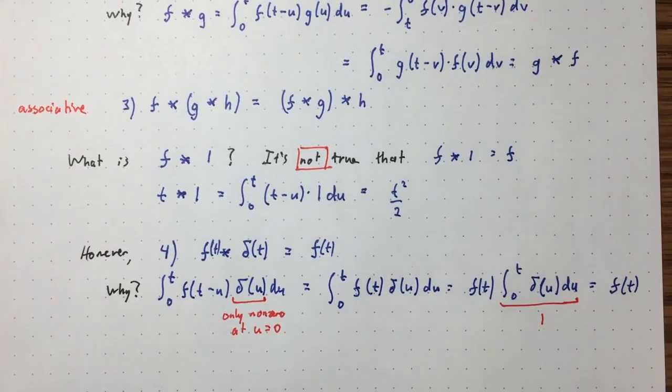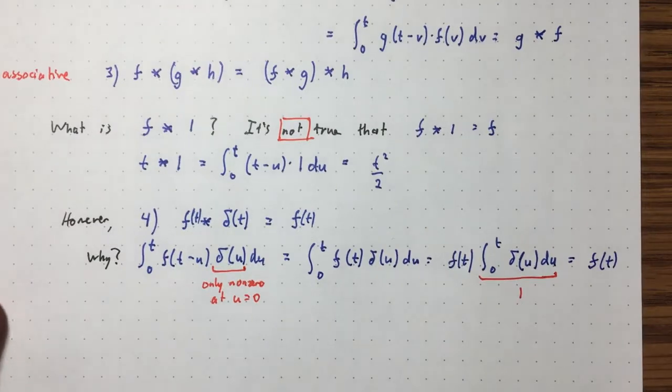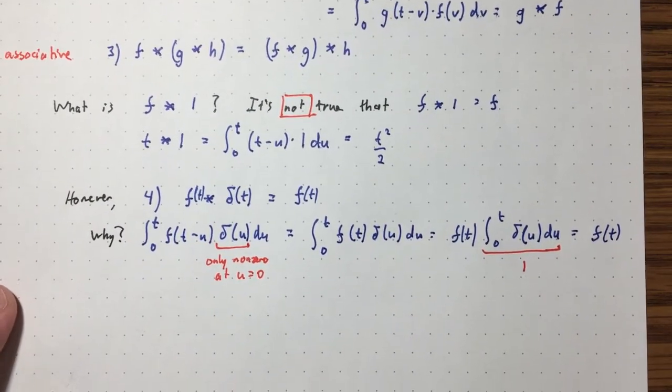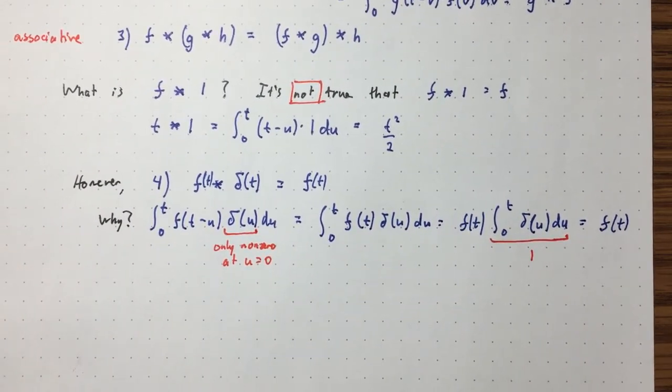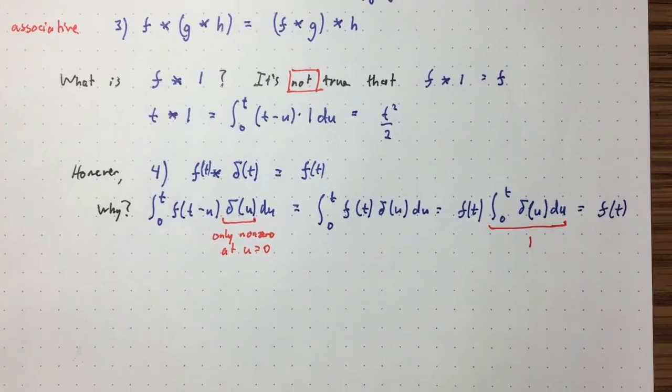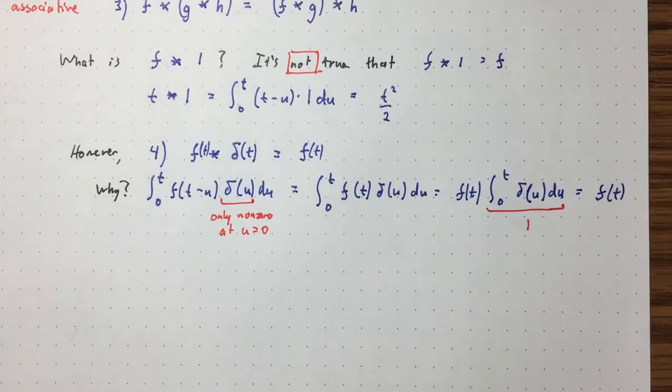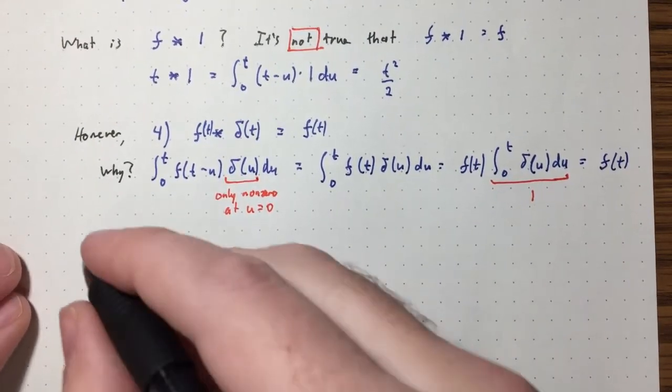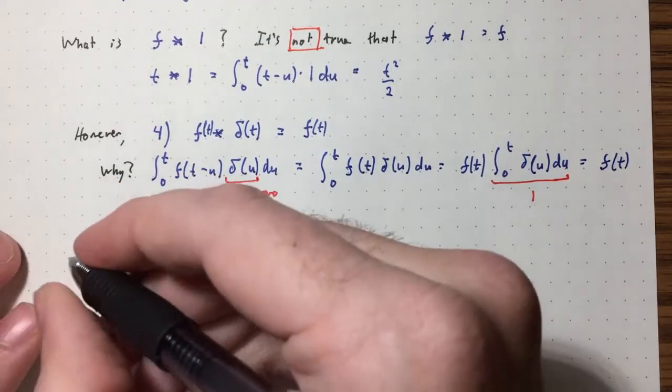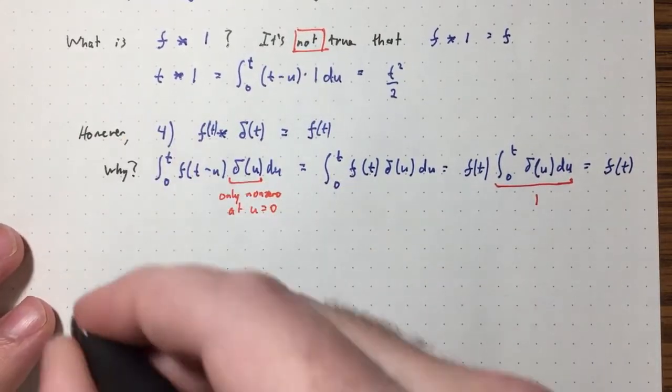Okay, so this is what convolution is and how to work with it, but convolution has a much bigger significance. That's what I'd like to talk about. And this ties in several ideas that we've been talking about over the previous several lectures.